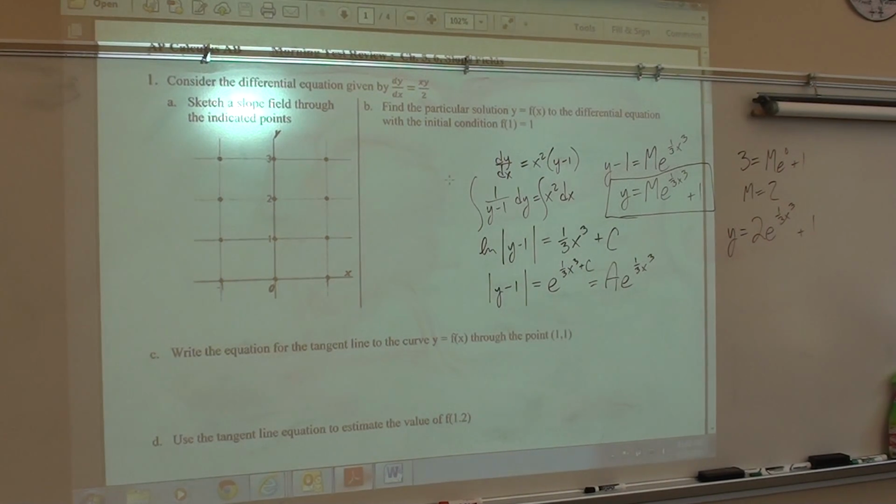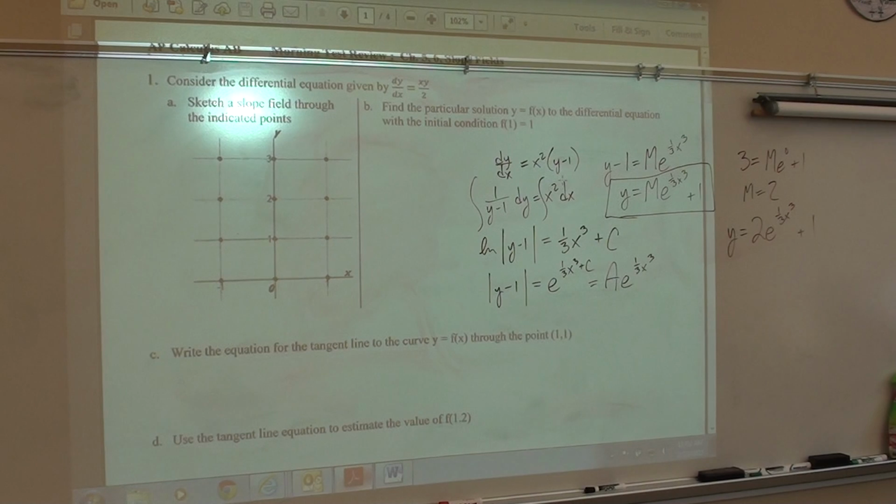The next couple parts on your review were not as good as I would have liked, because you get an equation of a tangent line just y equals 3, so anything you plug in would be 3 and it's just silly.